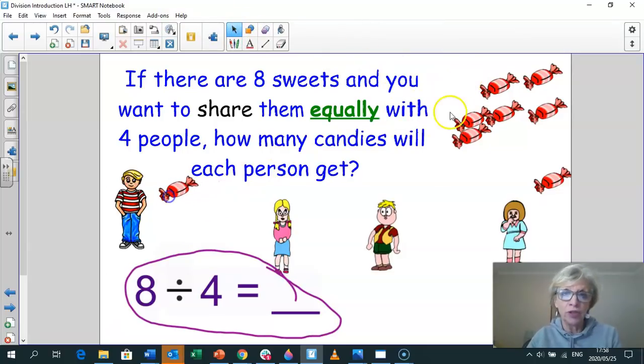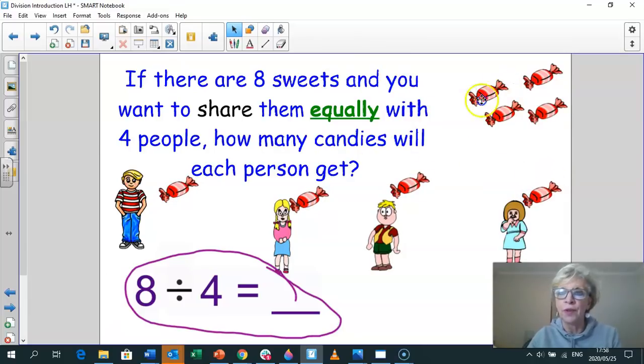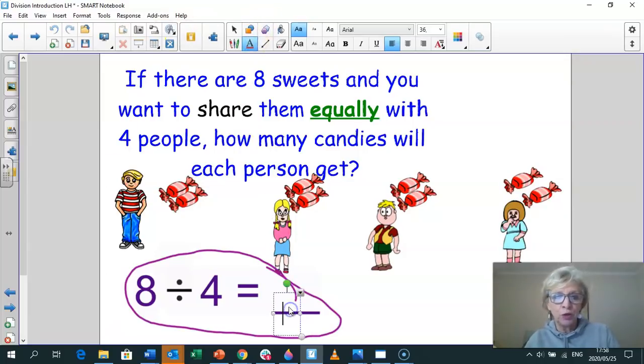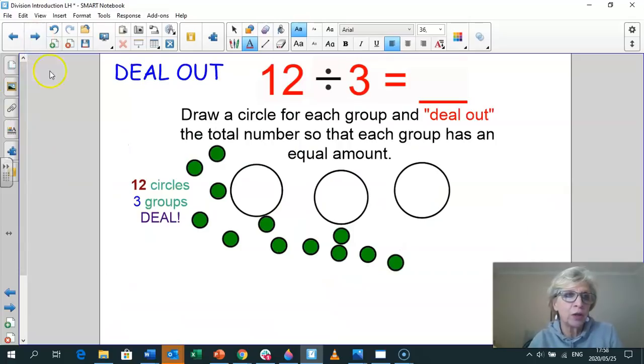So I'm going to share them out. 1 for you, 1 for you, 1 for you, 1 for you. 1 for you, 1 for you, 1 for you, and 1 for you. So what do they each get, grade 3s? Yep, they each get 2. So 8 divided by 4 is 2, or 8 shared with 4 people the answer is 2, shared equally.